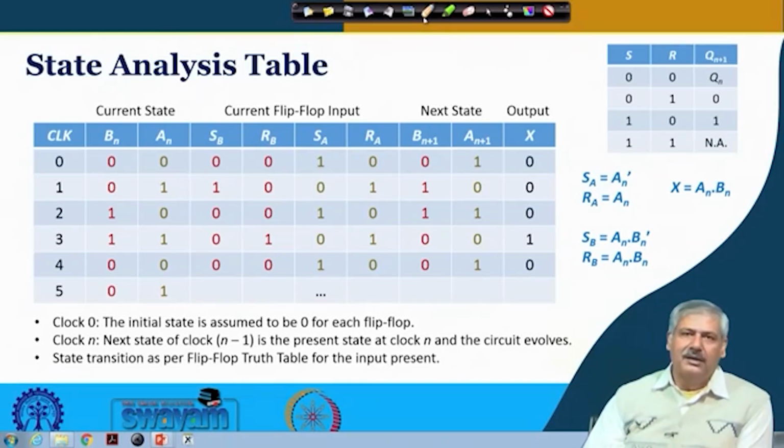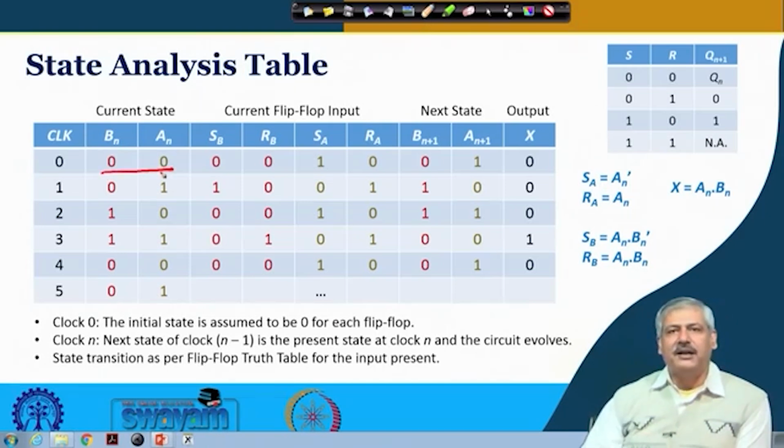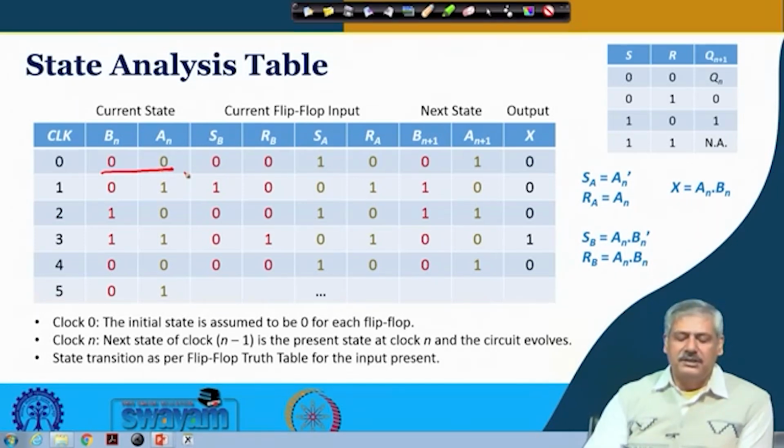you can assume it to be 0, 0. That means the current value of the flip flop is 0 and 0. Is it okay? Otherwise, it will be mentioned that it is initialized with this. Clear? And how can we make sure that this is 0, 0?